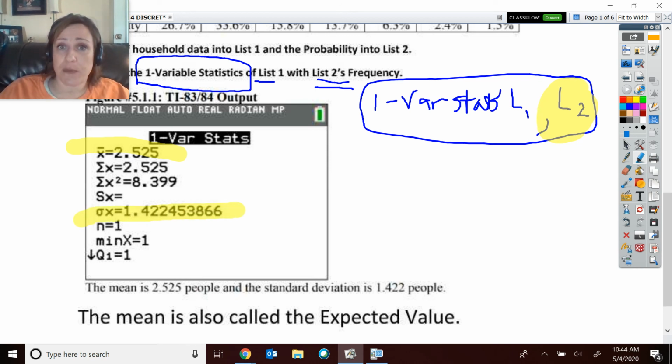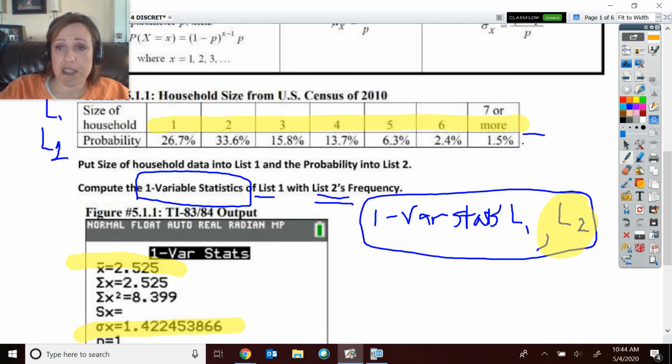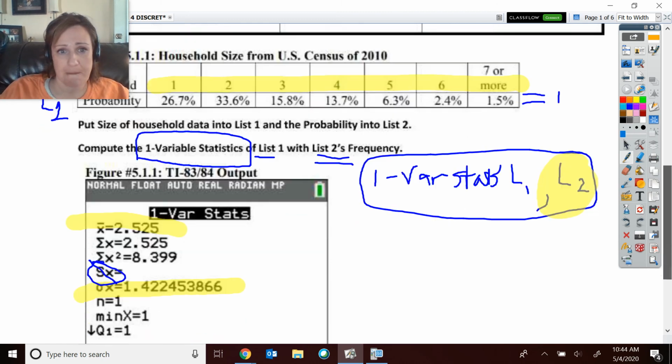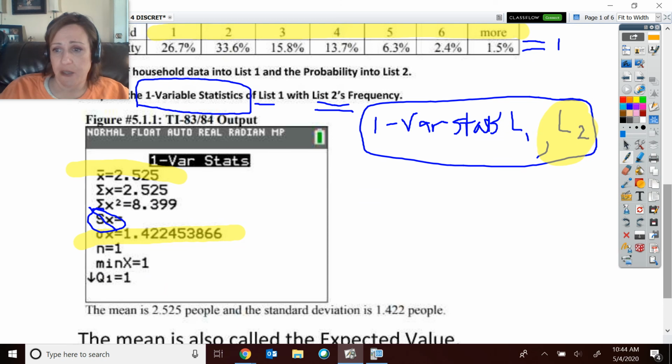Notice it is the population standard deviation. The reason it is the population standard deviation is because these frequencies total up to 100% of the frequencies. That means those numbers are the entire population, so that's why it's that and not the sample standard deviation.